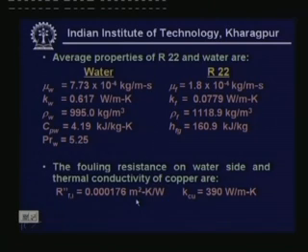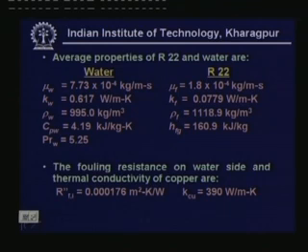Now, the first thing we have to do is find out the properties of R22 and water, because we have to evaluate the heat transfer coefficients and so on. These are the properties at average temperatures. For water, viscosity is 7.73 into 10 to the power of minus 4 kg per meter second. Thermal conductivity is 0.617 watt per meter Kelvin, and density is 995 kg per meter cube.